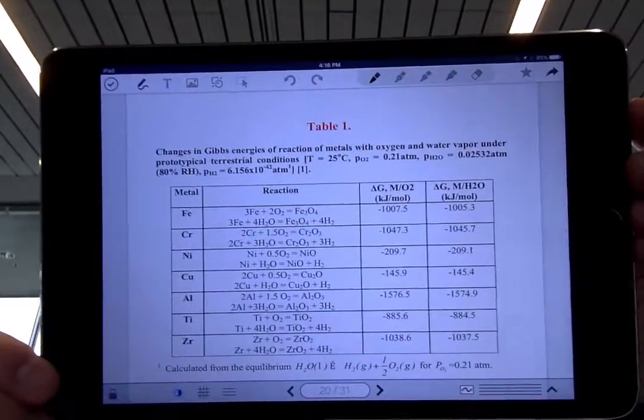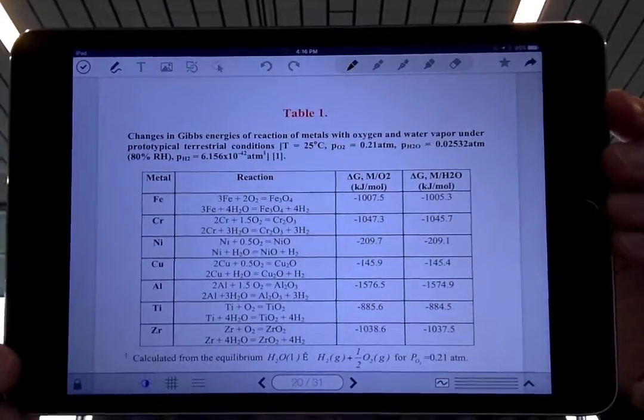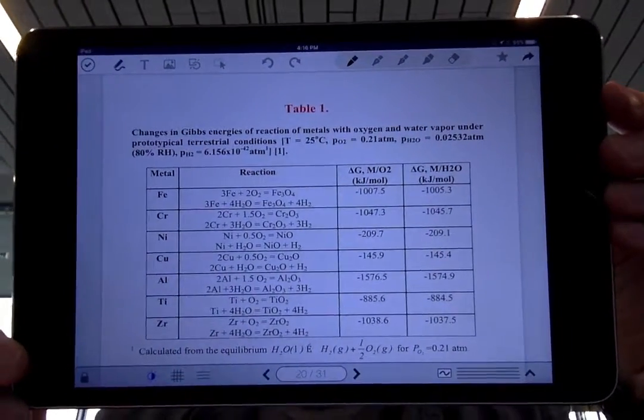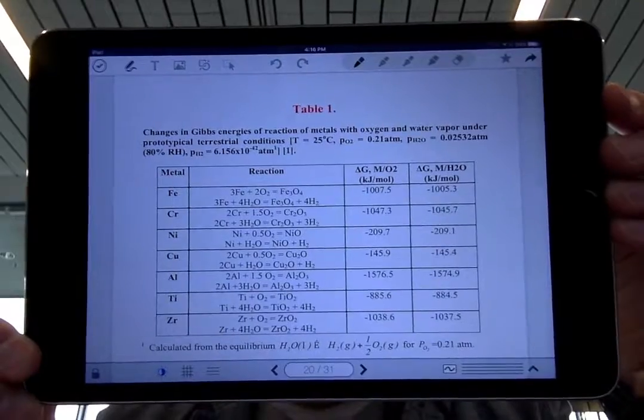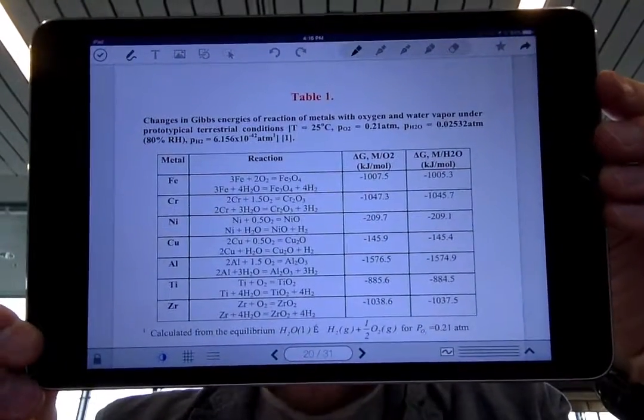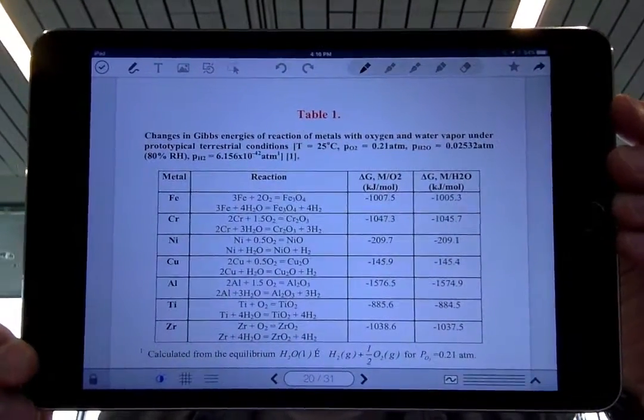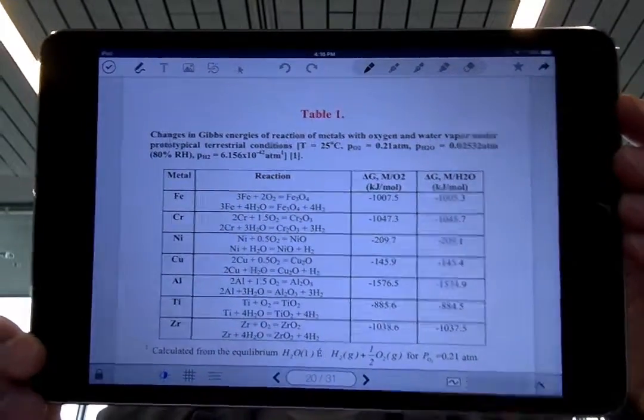But that's interesting to think about, because we have this table right here, and you see the oxidation reactions of all these various metals, whether it's iron, chromium, nickel, copper, etc. These are some of the corrosion reactions that are important that we care about for various metals of interest. And you can see in this table that some of the delta G's are really negative, right? Negative 1,000 kilojoules per mole, negative 200 kilojoules per mole, negative 800 kilojoules per mole.